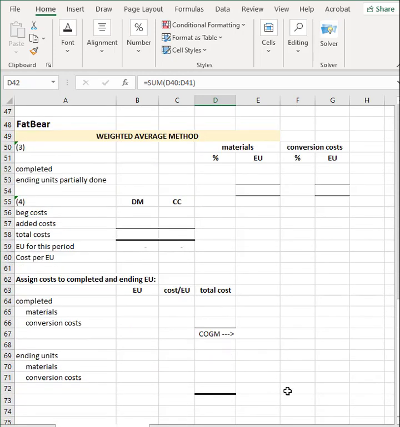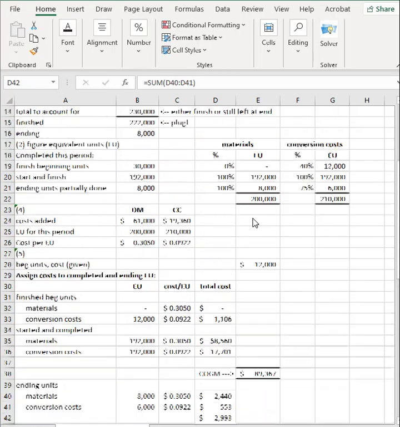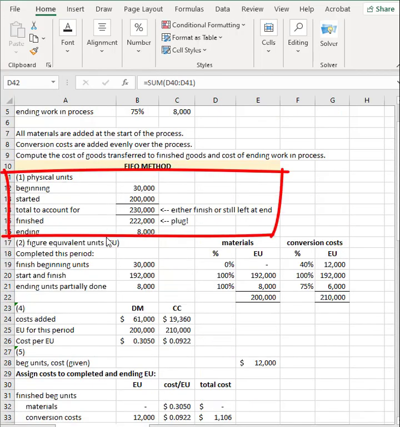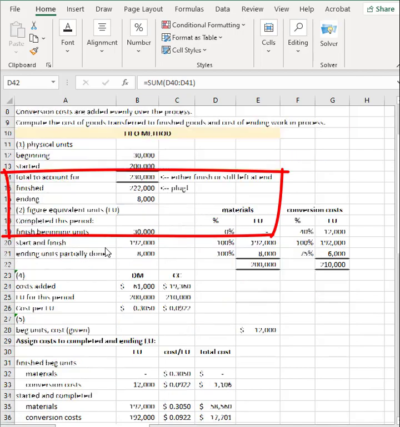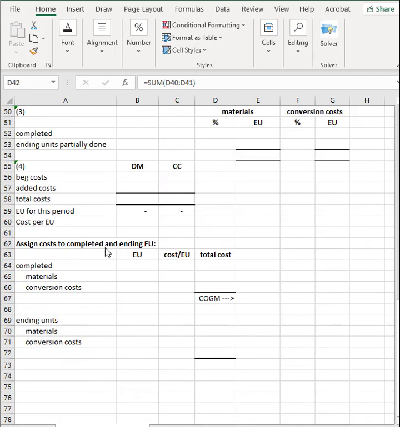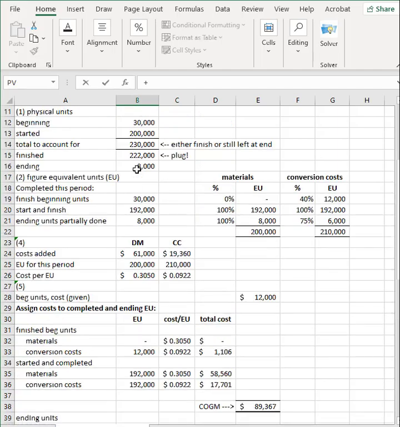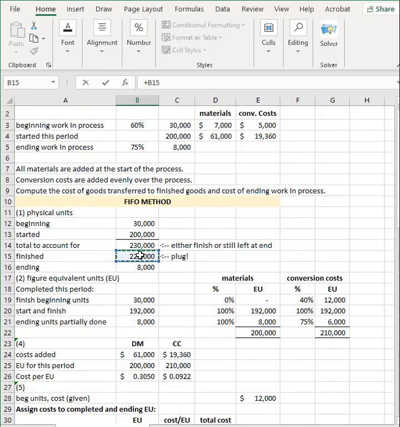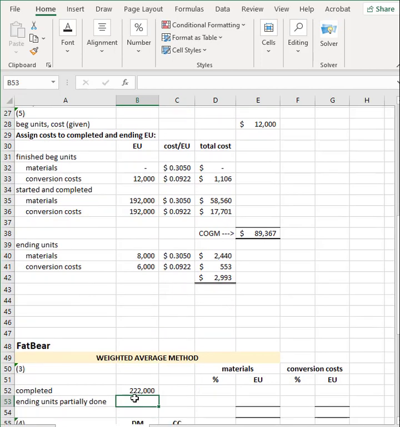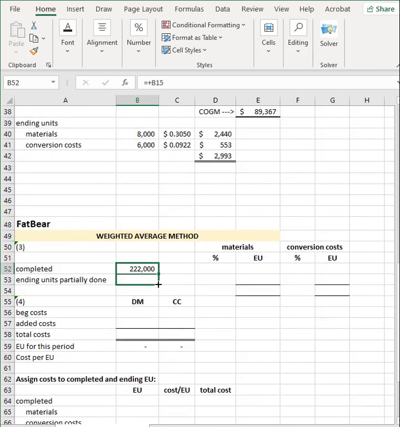What about weighted average? So for weighted average, we don't separate the beginning from the things that we added or worked on this period. We do it cumulatively. The physical units are the same for both processes. So this part is the same for both. But then when we get to 2, we're just going to get the equivalent units for the completed, which was the finished here, and the ending. We don't have to separate out the beginning.